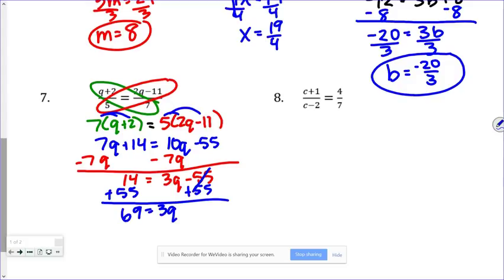Okay, so I'm going to divide both sides by 3. All right, so we have 69 divided by 3. So we should get Q is equal to 23. So I could plug in 23 up here for Q on both sides, and my fractions would be equal to each other, just multiples of one another.